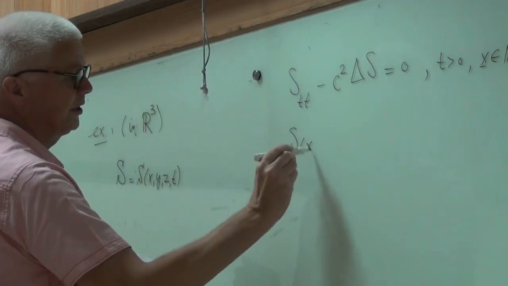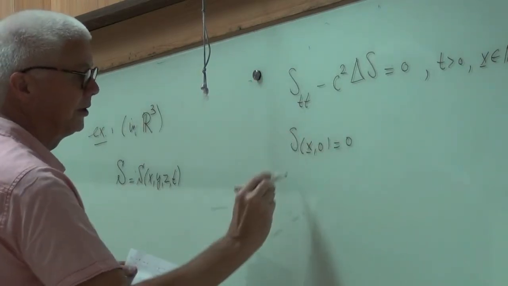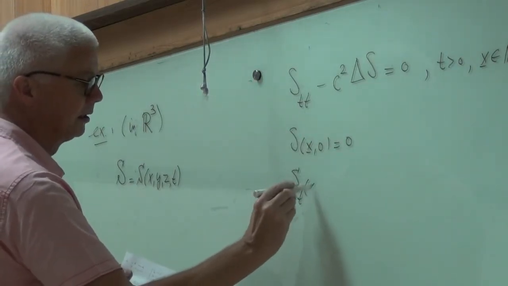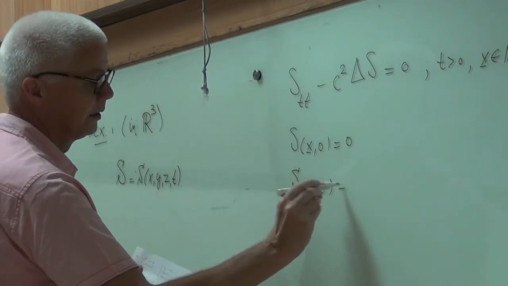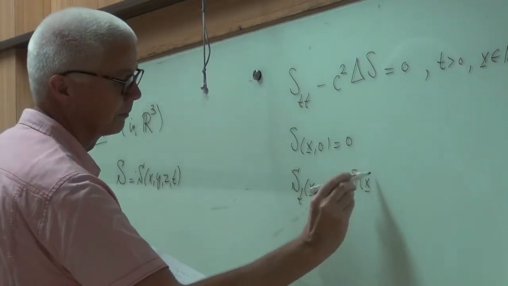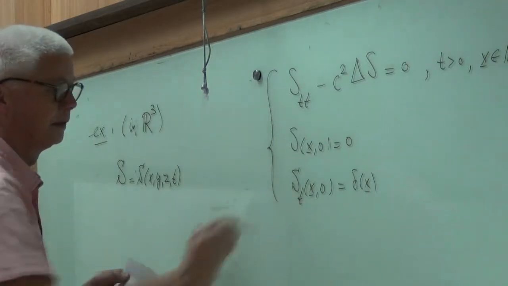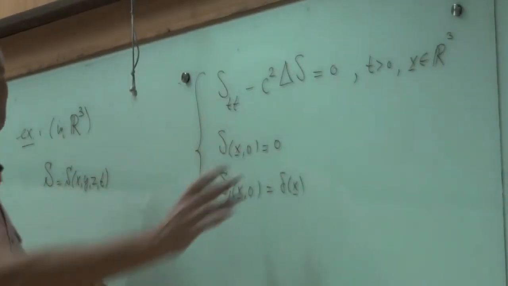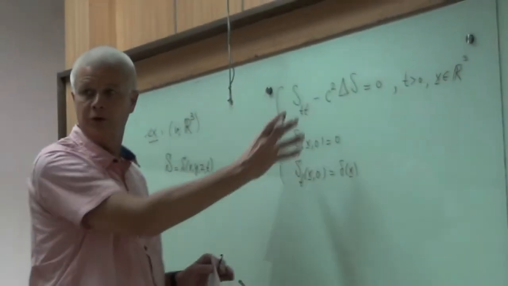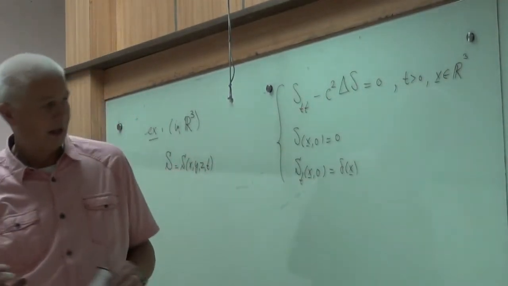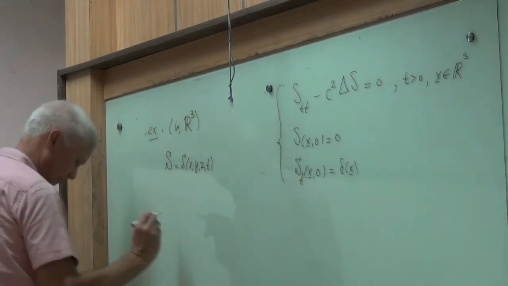The initial conditions are s(x,0) is 0 and s_t(x,0) is the delta function. And you know that if you look at such a problem and you can solve it, then actually you are already constructing a Green's function. Use the Fourier transform.